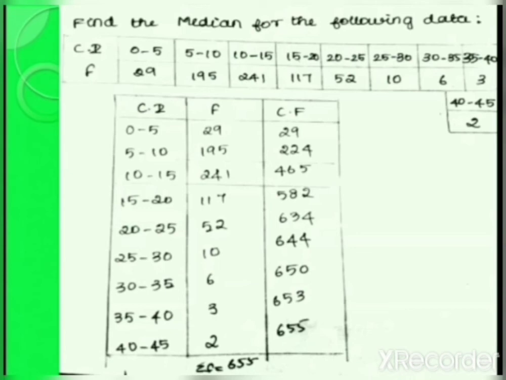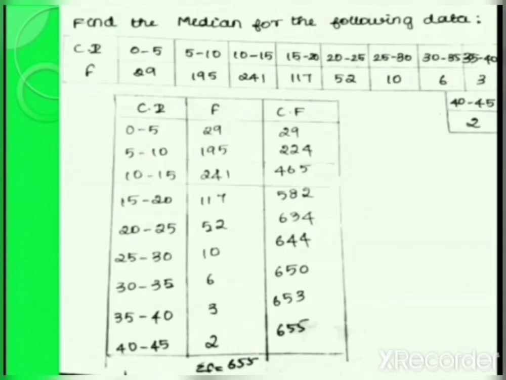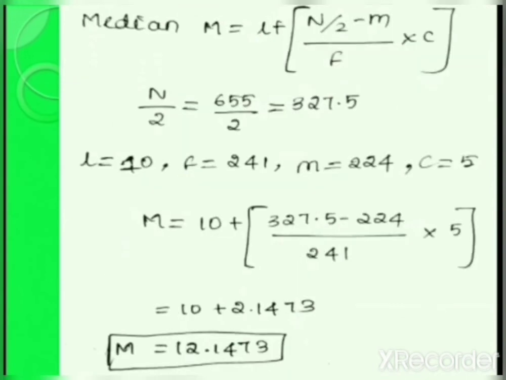If it is the same, you can move on to the further steps, which is to use the median class formula for continuous data: M is equal to L plus (n by 2 minus m) by f into c. Here n is 655, and n by 2 is equal to 327.5. So you have to check in the cumulative frequency which value exceeds 327.5.